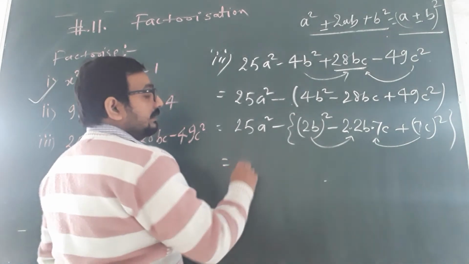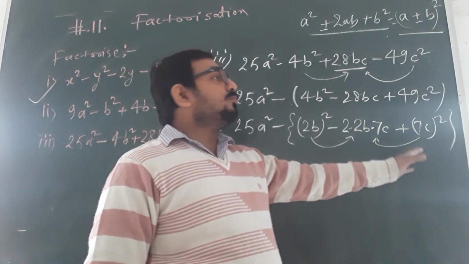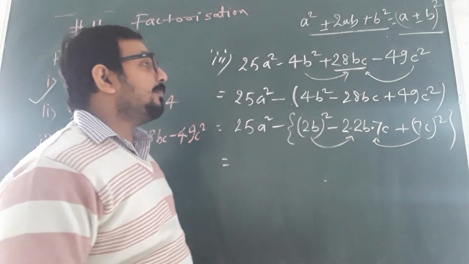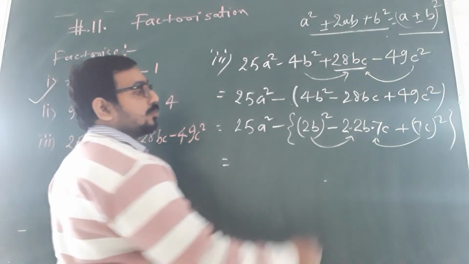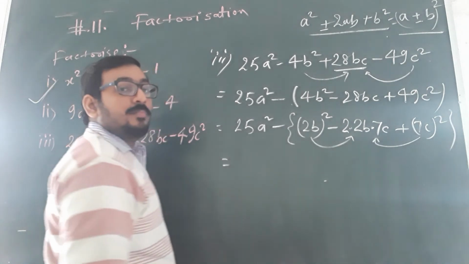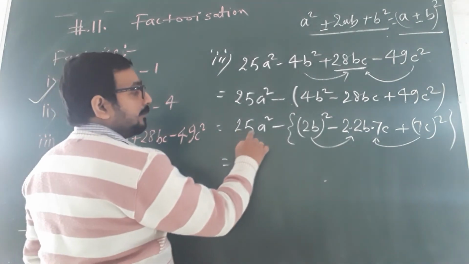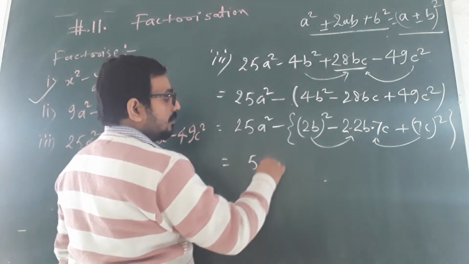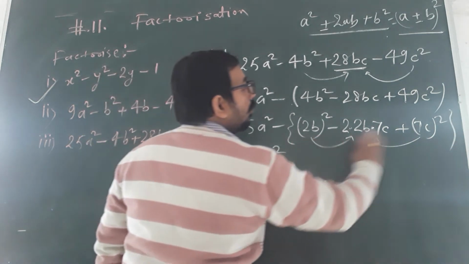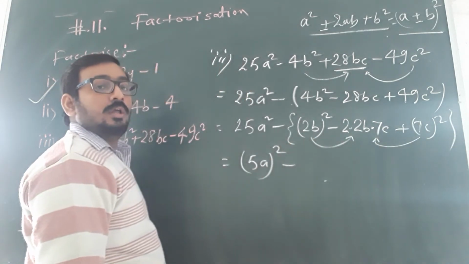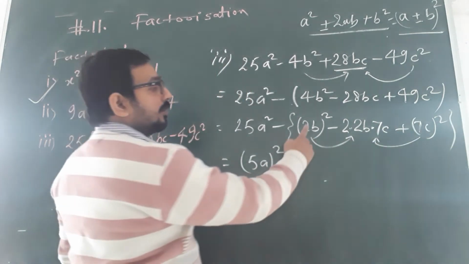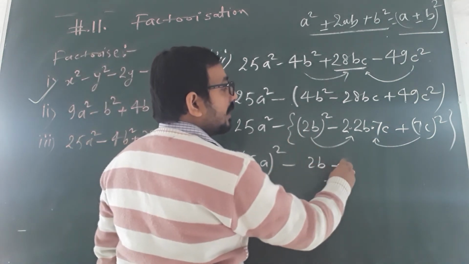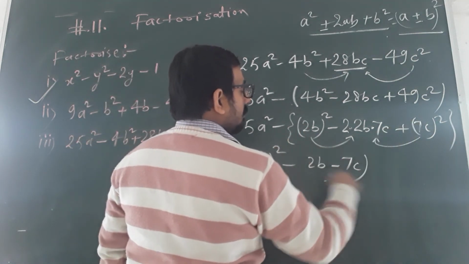That's all. This algebraic expression, based on this formula, gives (a minus b) whole squared, because we have minus 2ab. Now 25a squared is written as (5a) whole squared, and this whole expression is based on (a minus b) whole squared, so a means 2b minus b means 7c, whole squared.